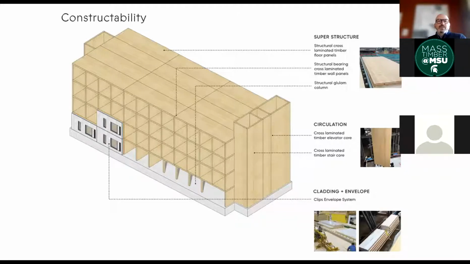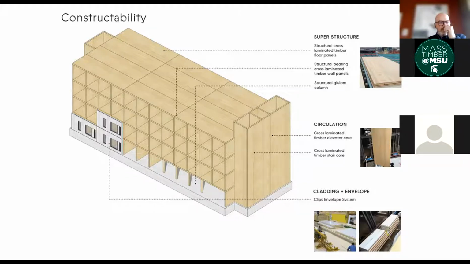So to give you a sense of the mass timber components in the structure, we use CLT for the floor slabs. We use CLT for the roof slabs. We use CLT for the demising walls between all of the units, for the elevator shafts, and for the stairwells.